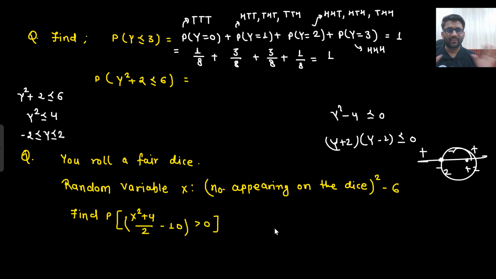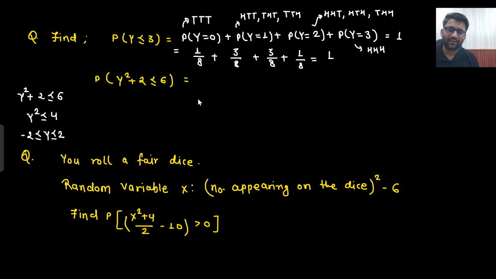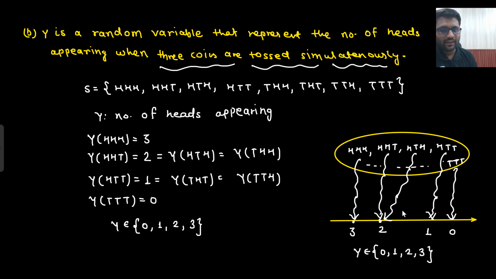Very basics of mathematics, mathematical foundation. In mathematical foundation, you would have studied all these kinds of topics, right? So y should take values between minus 2 to 2. I know that y cannot take a negative value. In our case, y can take only values 0, 1, 2.